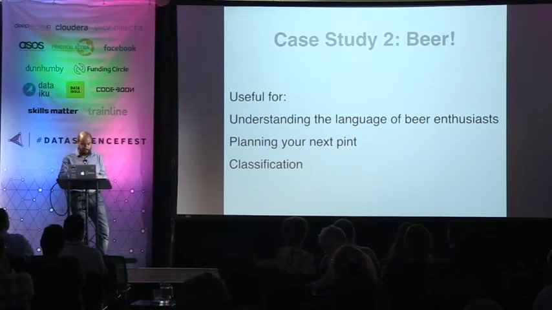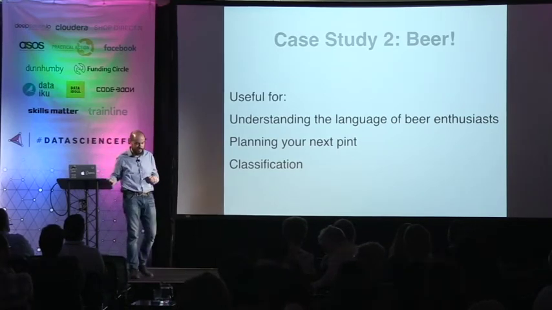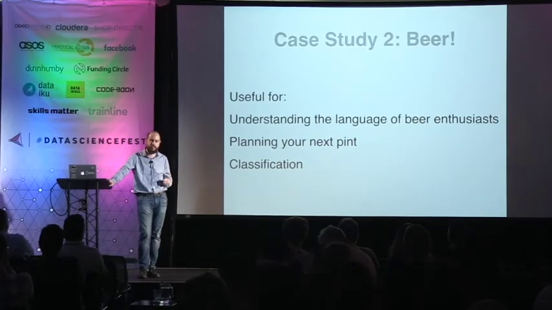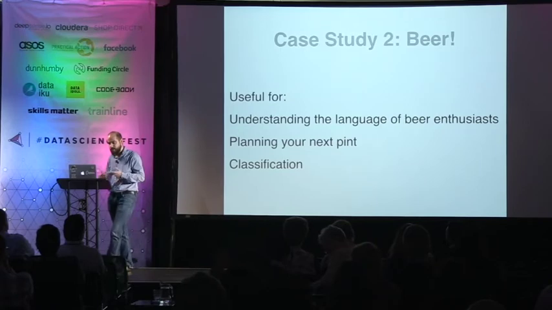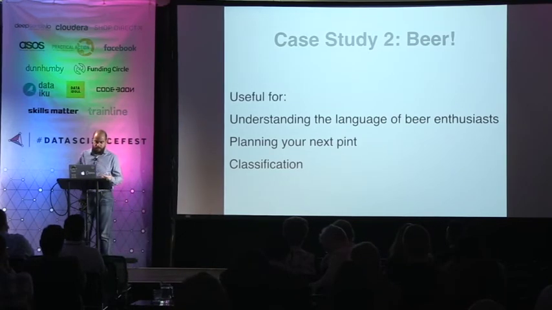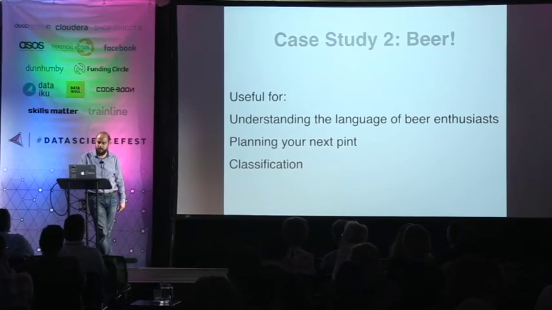And as an exercise, I also used it for a classification problem. So given a beer review, can you predict the exact beer style for this particular review? And it turns out word embeddings give you an improvement compared to traditional bag of words and, let's say, classic approaches.